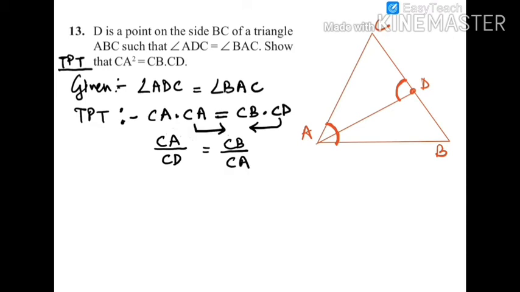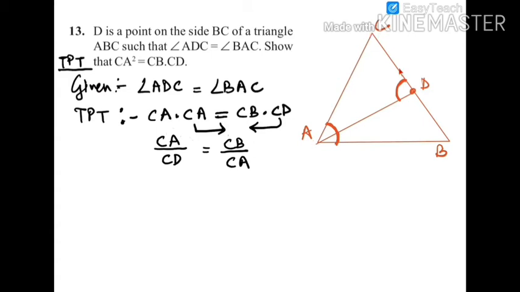Now we have two ratios and we have to show them equal. In order to show these two ratios equal, we have to find the triangles to which these ratios belong. So look at the terms in the numerator. CA and CB belongs to which triangle?